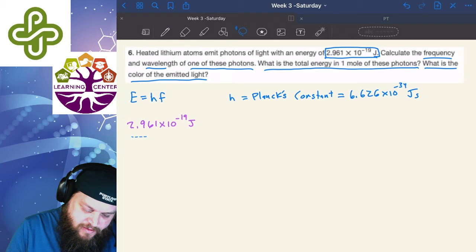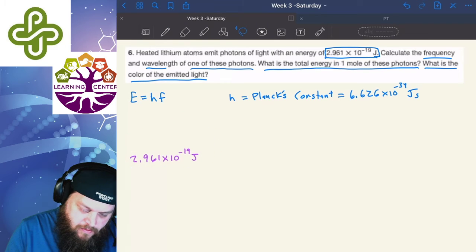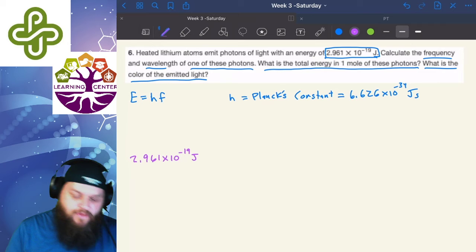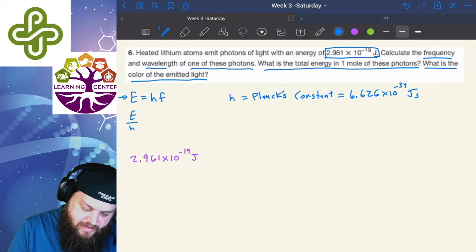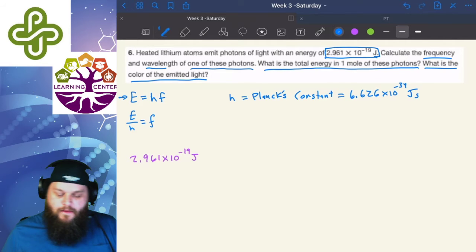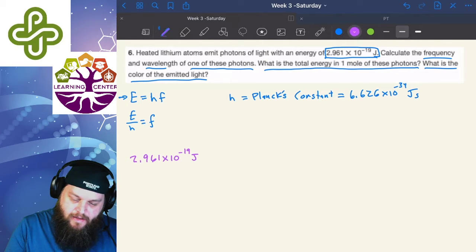And one thing I should do first, I like to rearrange my equations using variables first. So I can rearrange this top equation here by saying E divided by H, this energy divided by Planck's constant, is going to equal my frequency.